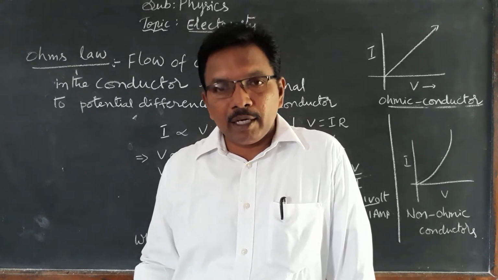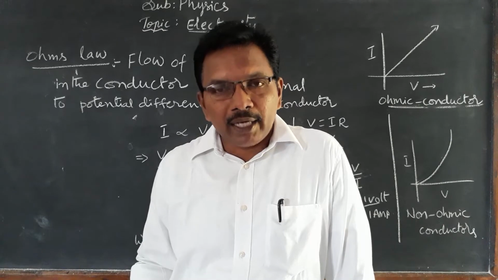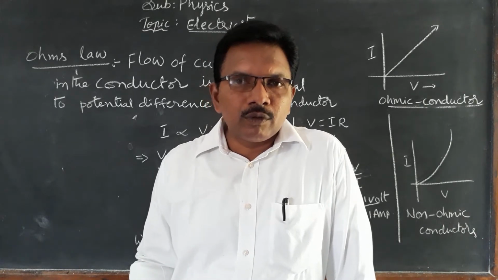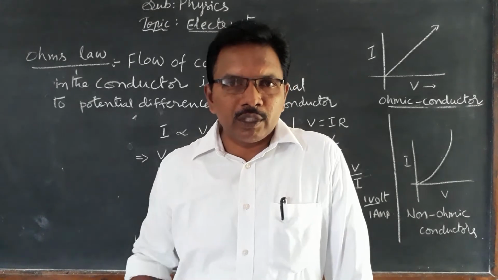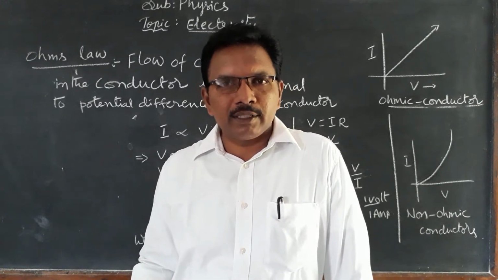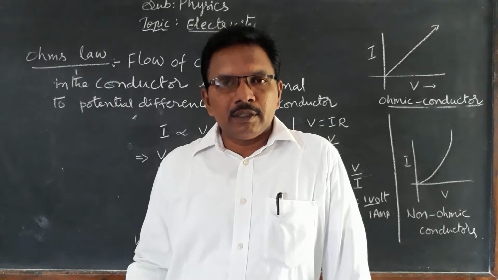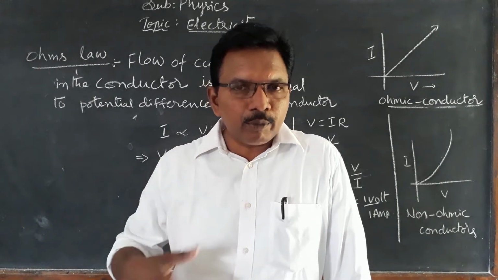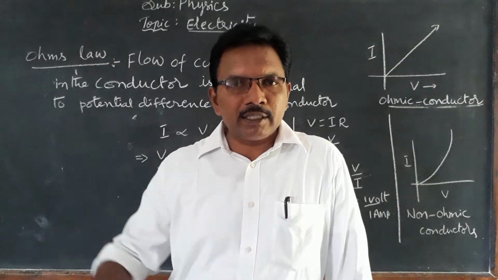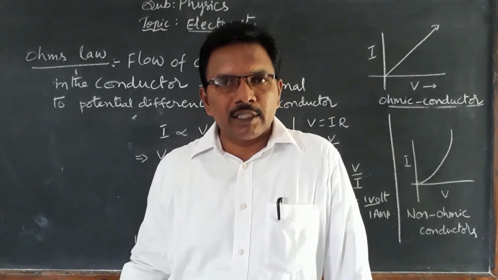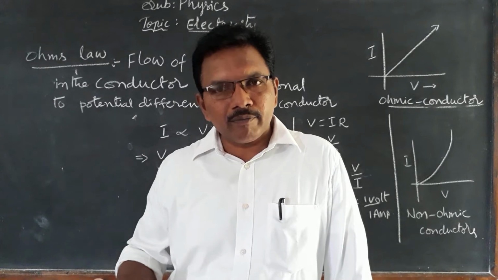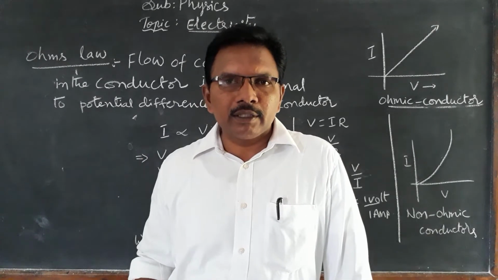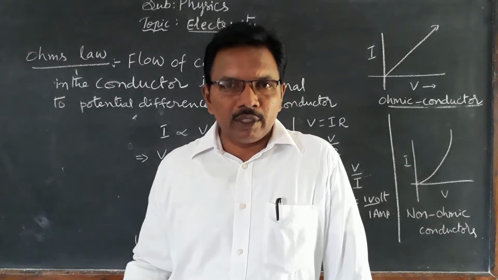So the energy supplied by the battery, the potential difference, makes the charge flow from one place to another. According to the potential difference, the flow of current in the conductor also changes. If the potential difference is increasing, meaning we are supplying more energy, the current flow also increases.